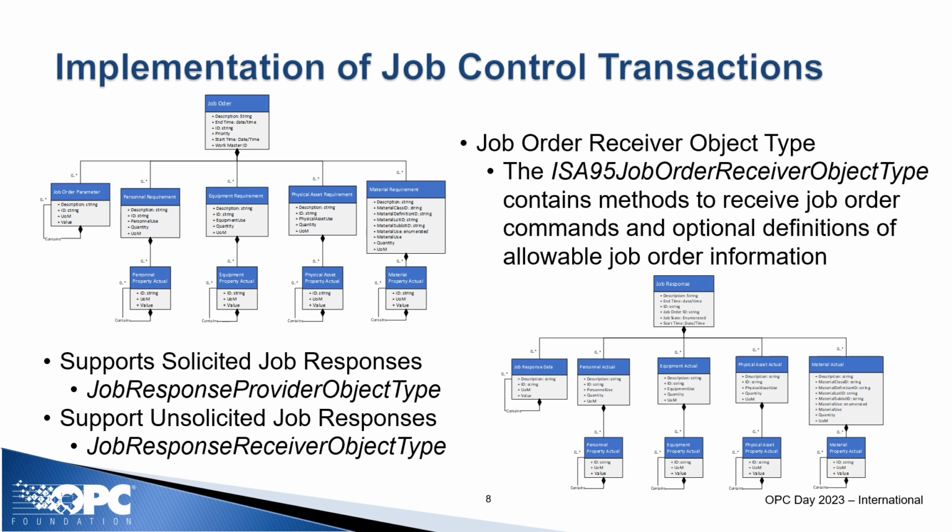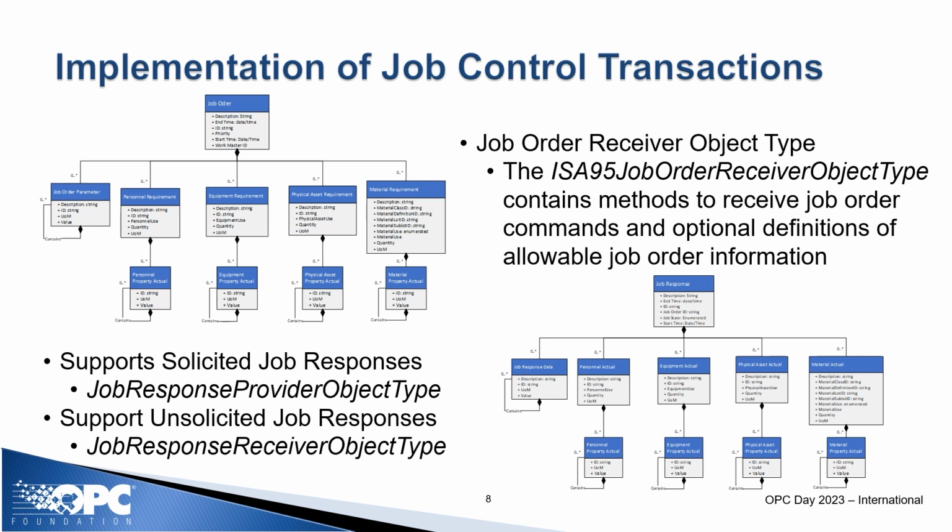So that piece of equipment down there will basically finish and then send off a method to a job response receiver object type. So basically, this would be on some system, such as an MES system, a job response receiver object type, and it would be sitting there waiting for a job response to come in. So it's unsolicited.